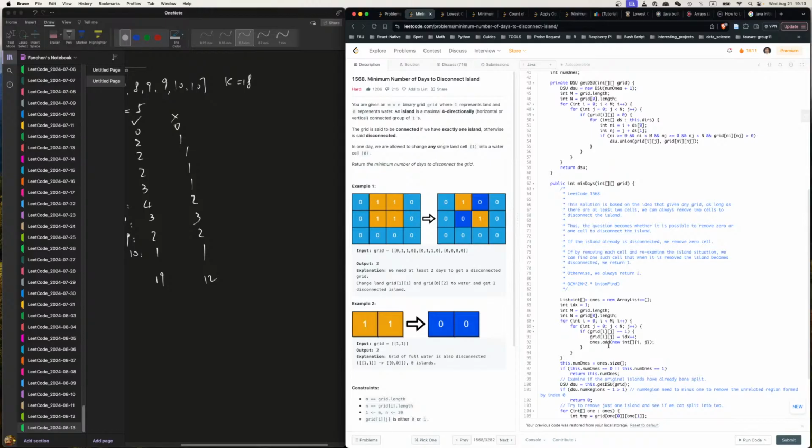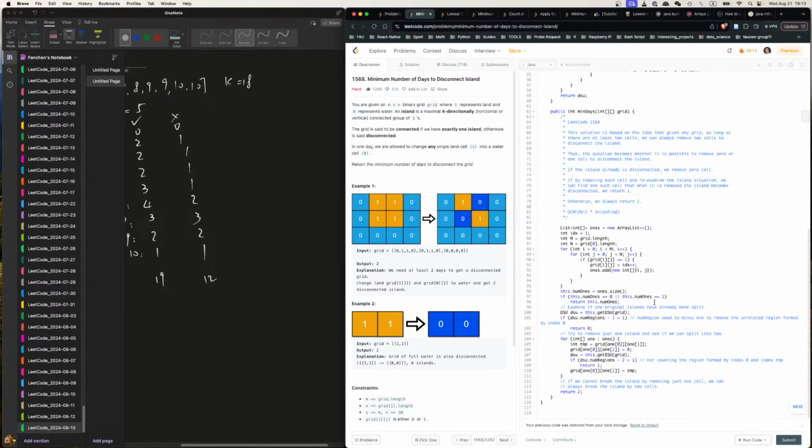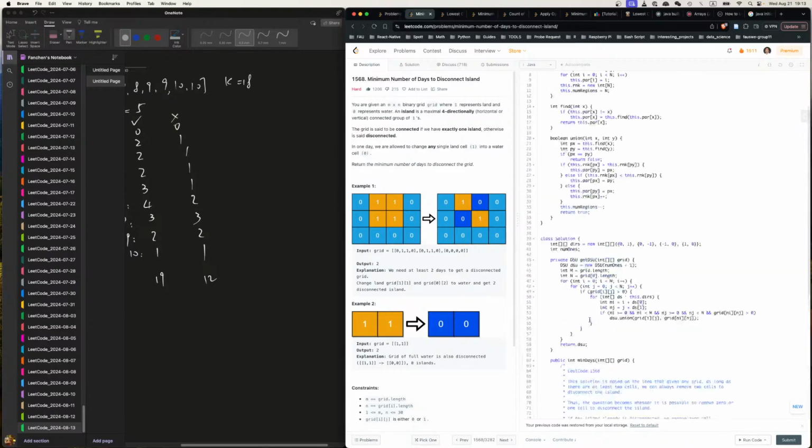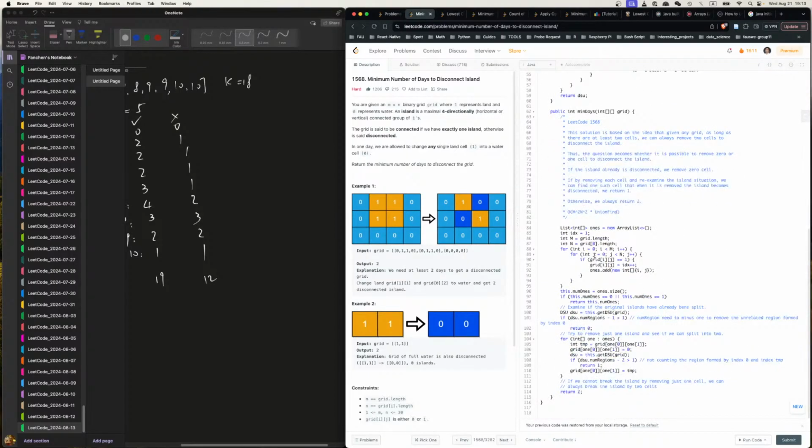We'll get an index and we'll get its neighbors. DSU has num regions. Yep. Unrelated regions formed by, yes.